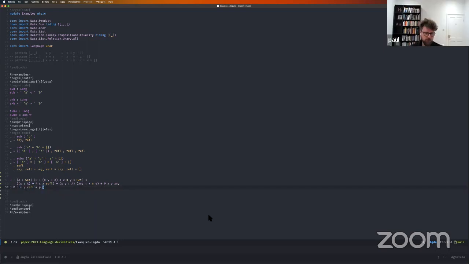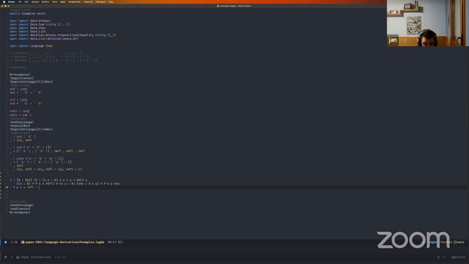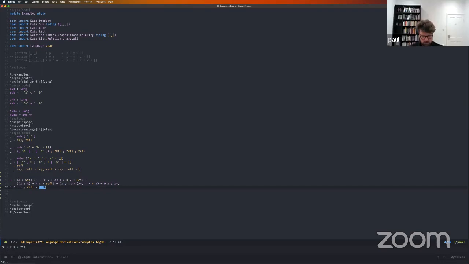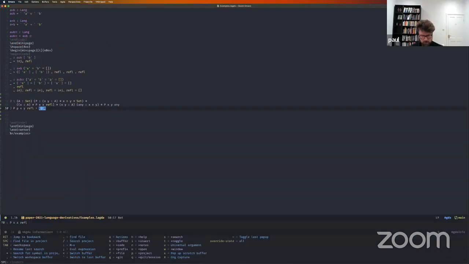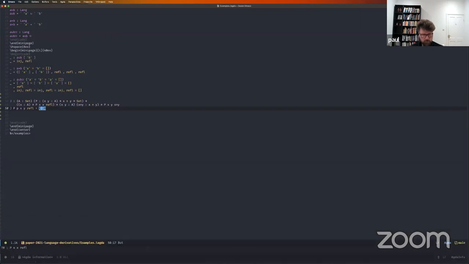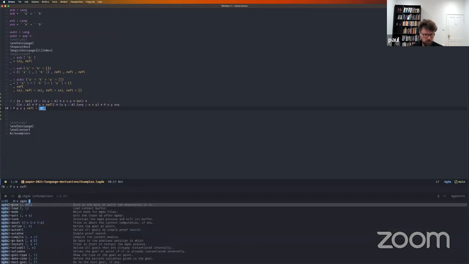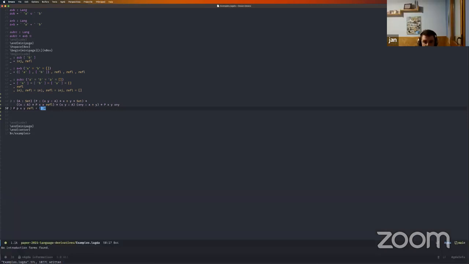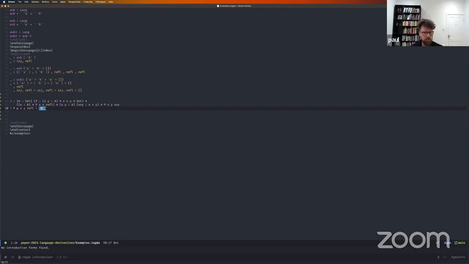So if I do the hole, I don't remember the syntax. Question mark. Okay. So if I do Agda refine. No, it doesn't understand.